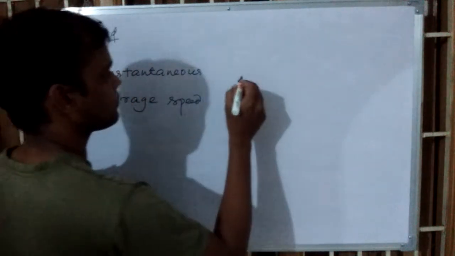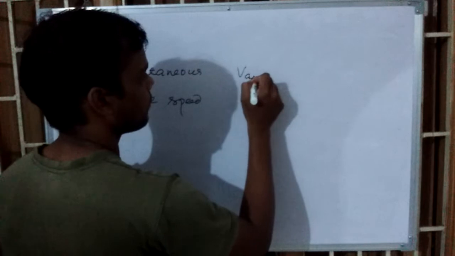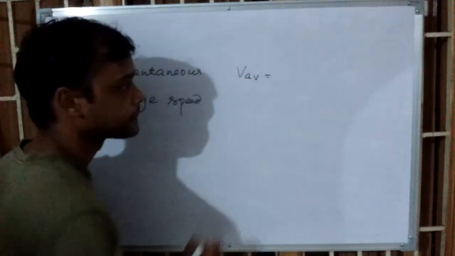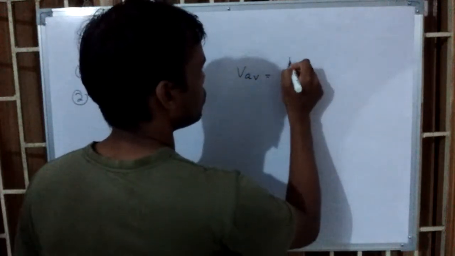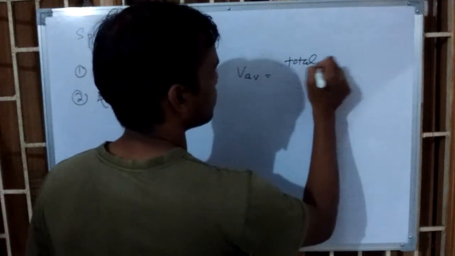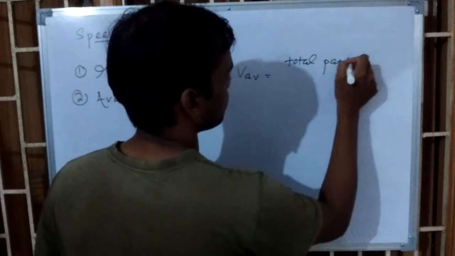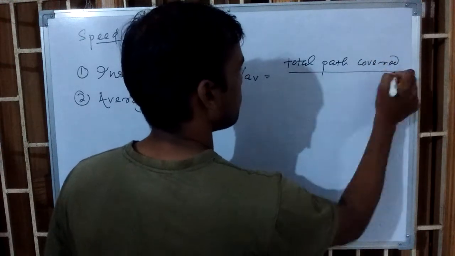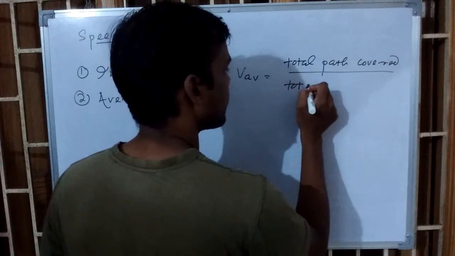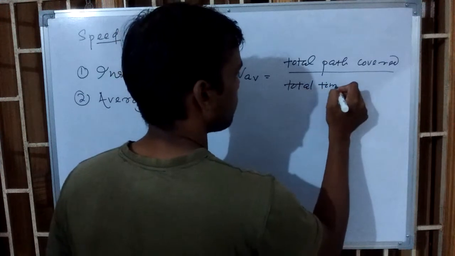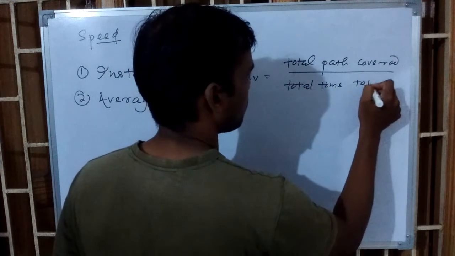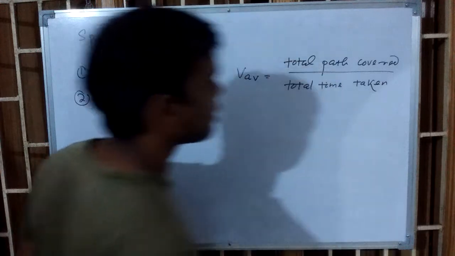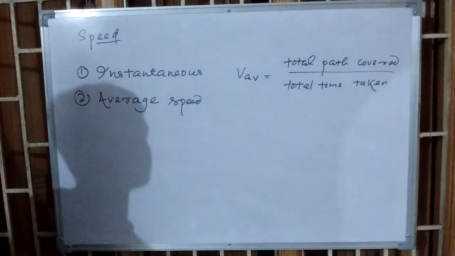Average speed: V average is equal to total path covered by total time taken.